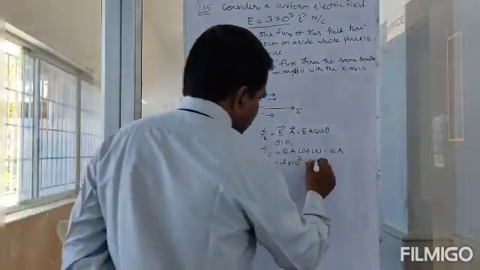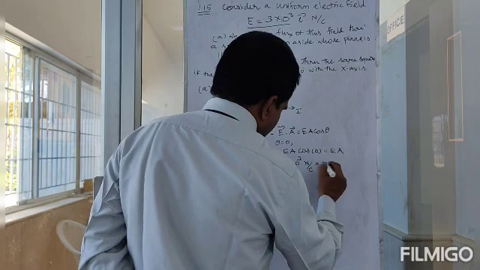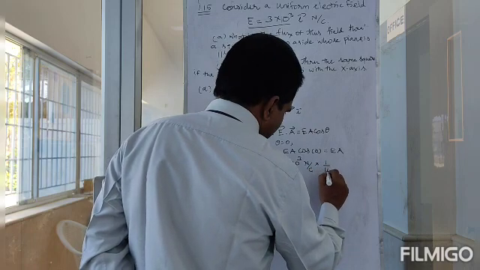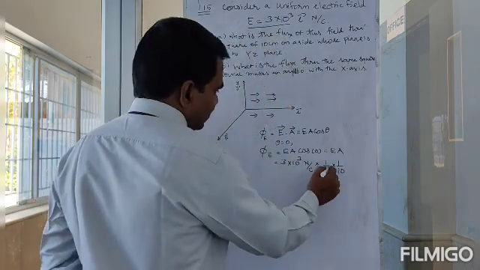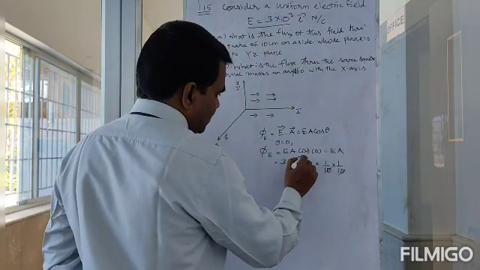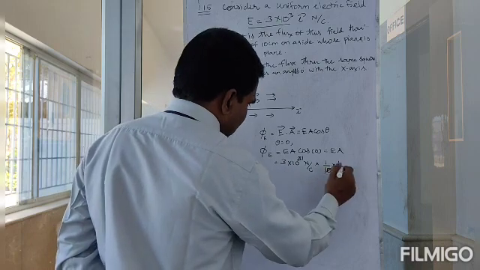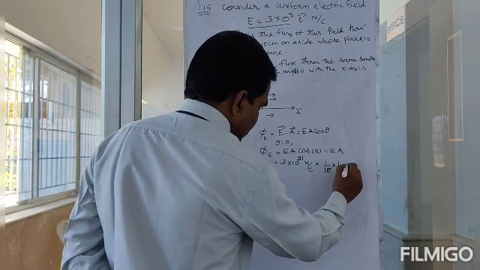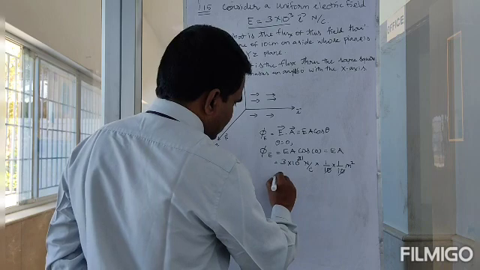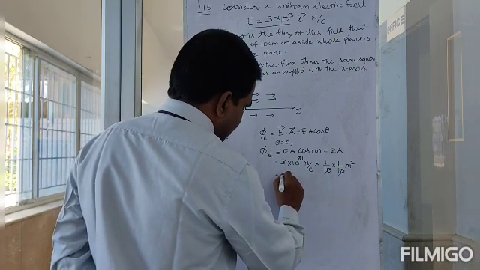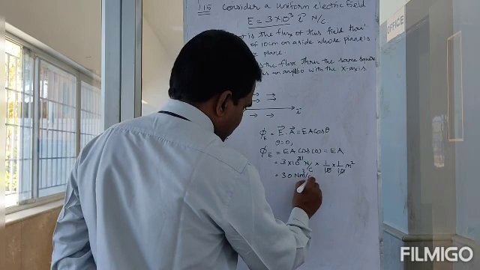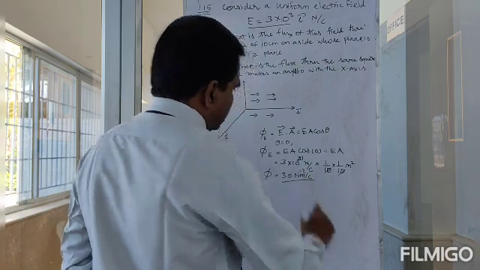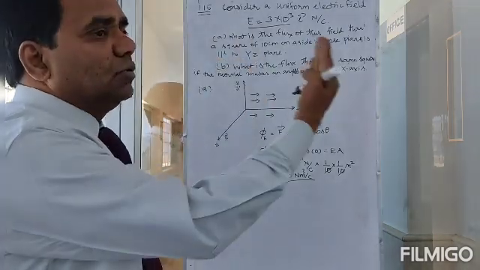So that's 1 by 10 meters into 1 by 10 meters, so this will become 10 to the power minus 2 meters square. So that will give you 30 Newton meter square per coulomb. That's the flux through the square.